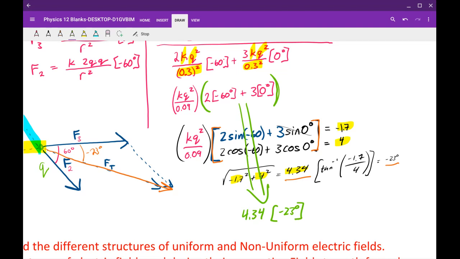Okay. And then we still have all of this stuff here. So kq squared over 0.09. Now that's a scalar, so that just multiplies into the 4.34. And what's k, by the way? k, if I remember correctly, is 9 times 10 to the 9. That's a nice one.